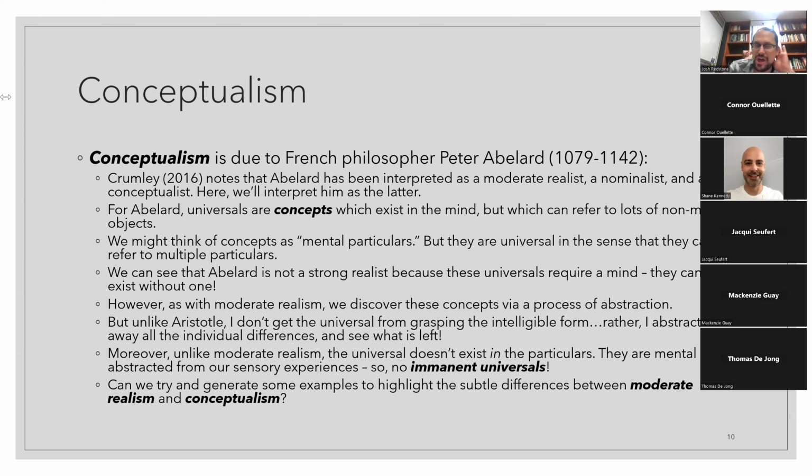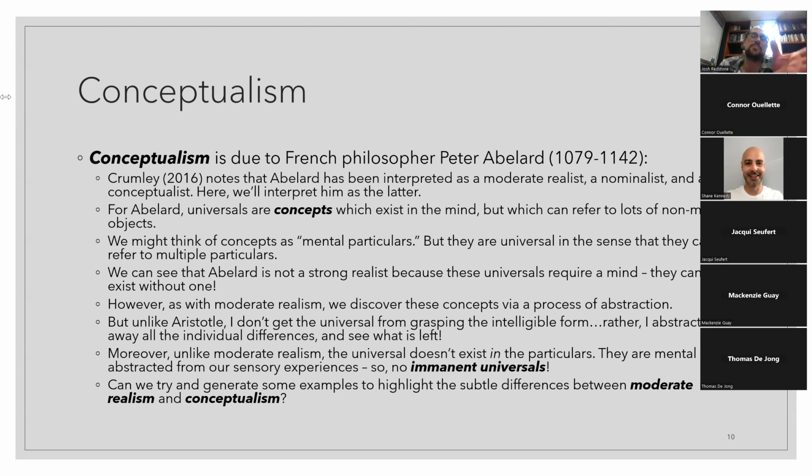So I thought that we would try and come up with some examples to highlight the differences between moderate realism and conceptualism, but I don't know if that's really necessary. I think the important thing to remember is that for conceptualism, the universal is a mental item, so it's in here. On moderate realism, the universal is an intelligible form, and it's in the object itself.